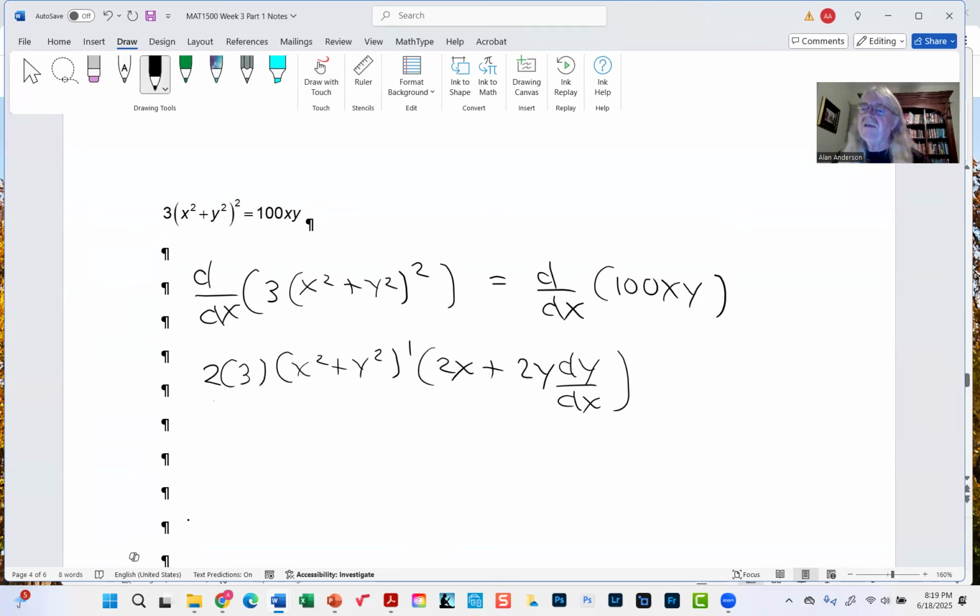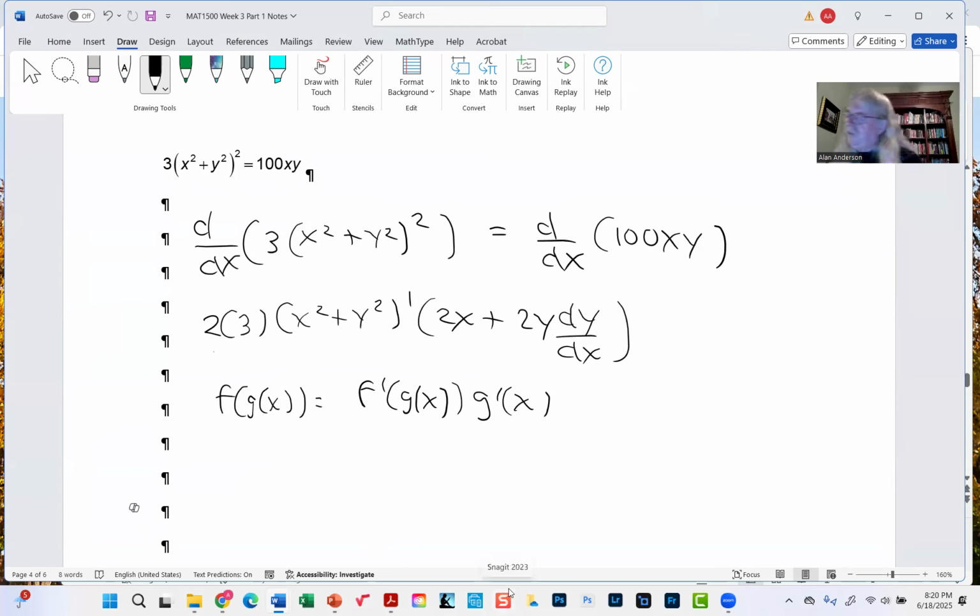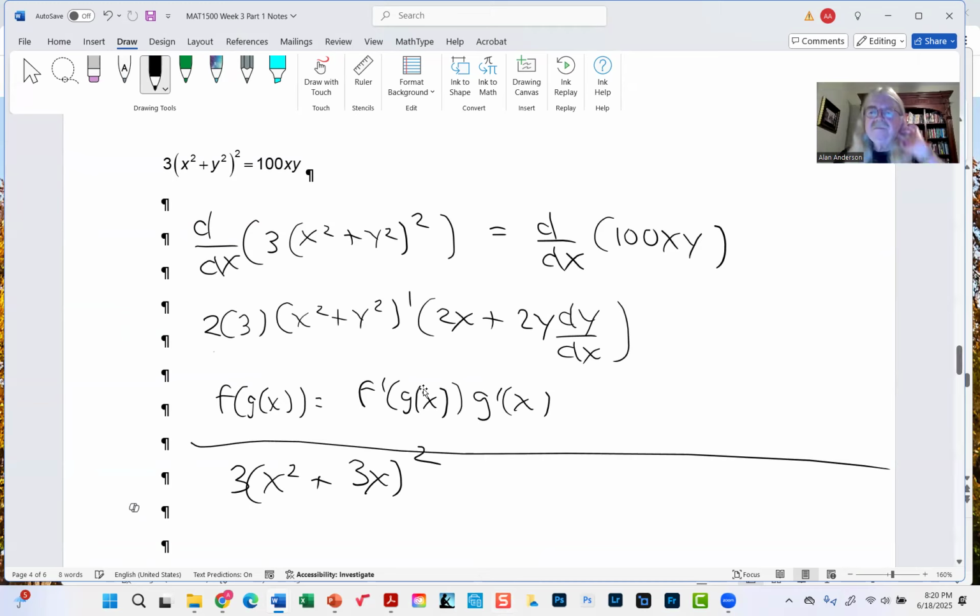It's applied to composite functions. So for something like this, let me use a slightly different example here. If you had, let's say, this was what we were trying to differentiate in the first place. Okay, what would have been our procedure?